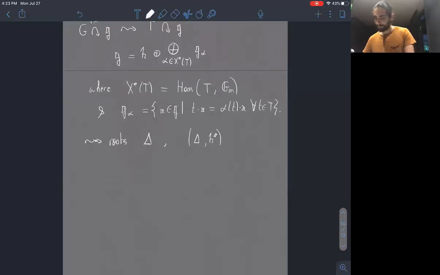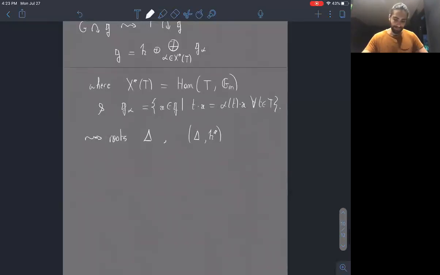And one thing we can start by observing is that these homomorphisms are actually quite rigid. The algebraicity condition tells us that the character lattice can be canonically identified with Z to the n if the torus splits as G_m to the n.